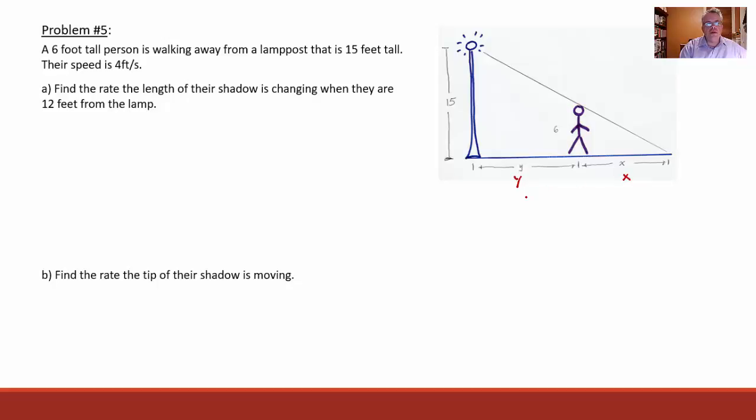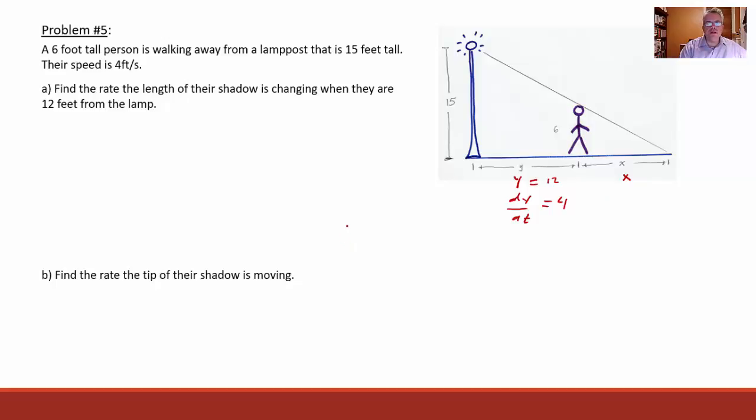We want to know how the length of the shadow is changing when they're 12 feet from the lamp. So y is 12, and dy dt is their walking speed, 4 feet per second. And we want to know what dx dt is.